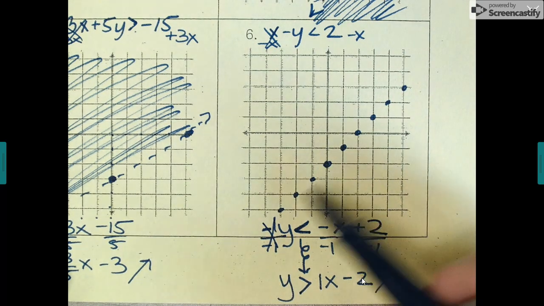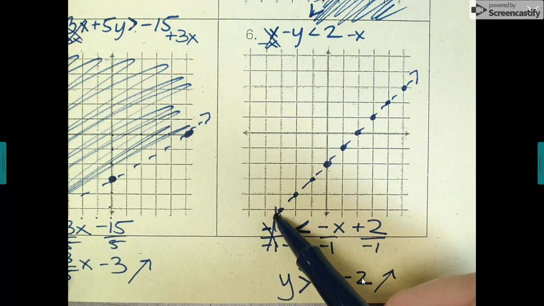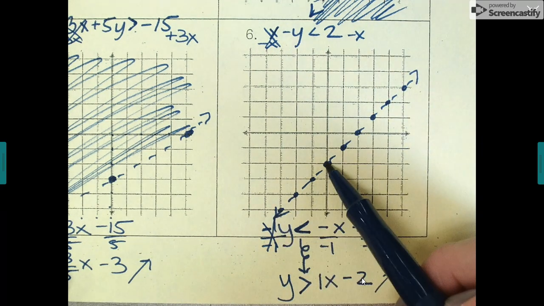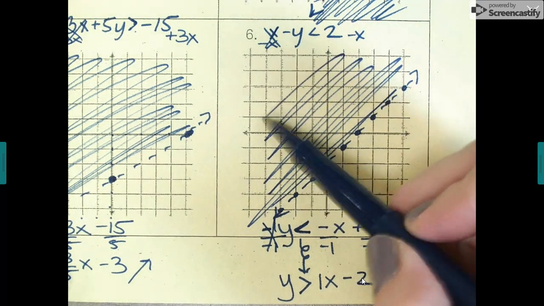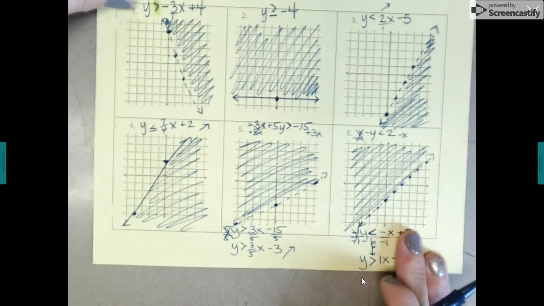It's greater than, so it's a dotted line. And y is greater than, so we're going to shade things that are bigger than negative 2, which would be above. Okay? So here are all of your examples.